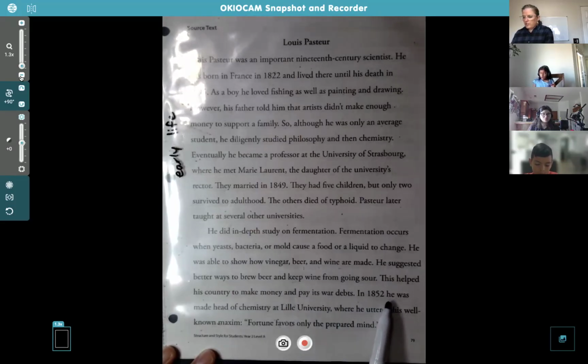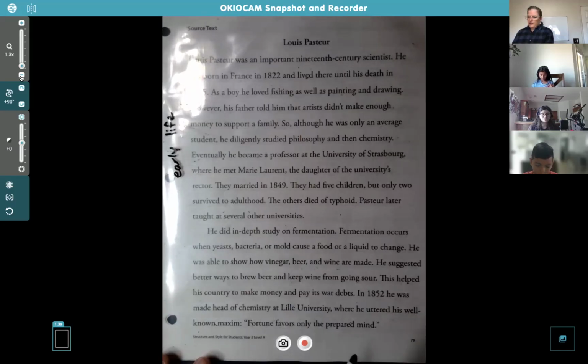In 1852, he was made head of chemistry at Lille University, where he uttered his well-known maxim, "Fortune favors only the prepared mind." Okay, so a maxim is like a famous saying, like Martin Luther King's speech, I Have a Dream. This was one of the things he said: fortune favors only the prepared mind.